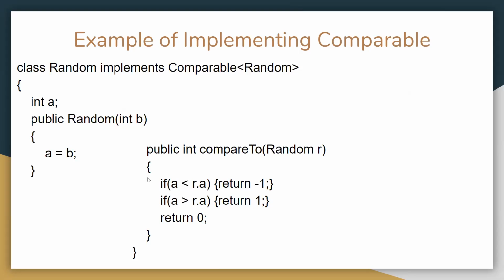If a is less than r.a, so if the a of this class is less than the a of the object that we passed in, then we return -1. If a is greater than r.a, then we return 1. And if none of that applies, then we return 0. I have an explanation on the next line, I believe, so I'll explain it in a second. But this is generally how a compareTo method looks, and this is generally how the implementation line of the comparable looks.